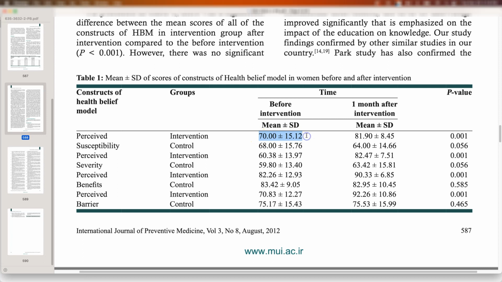So 65% of the respondents said something that was within about 15 points from this 70 mean. So that's not a huge spread.